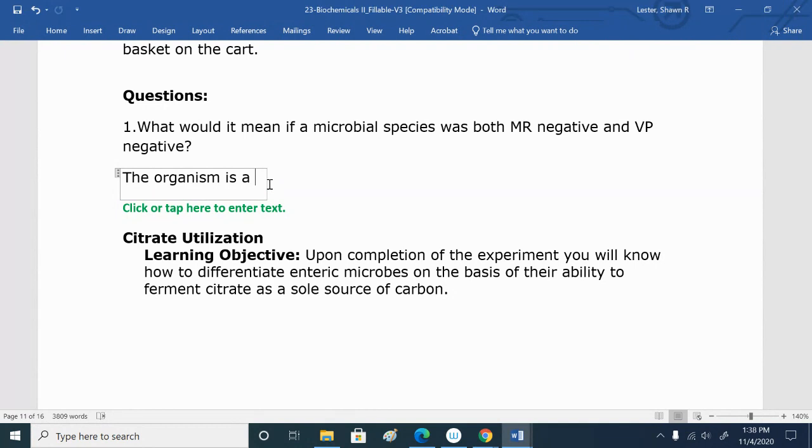Mm, or that doesn't have to do with it? It does have to do with that, but a non-fermenter, right, would be a possible explanation since they can't ferment glucose to make either acids or neutral end products.